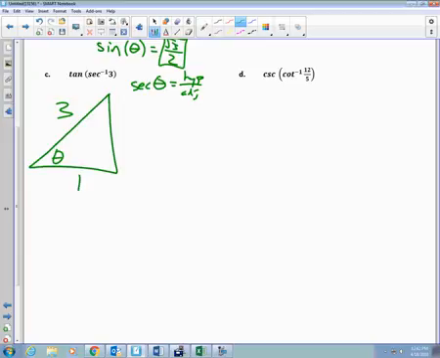Find the other side. 1 squared plus b squared equals 3 squared. b is equal to square root of 8. 2 roots of 2.